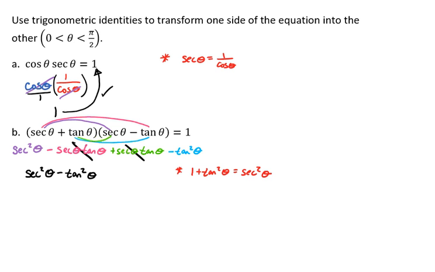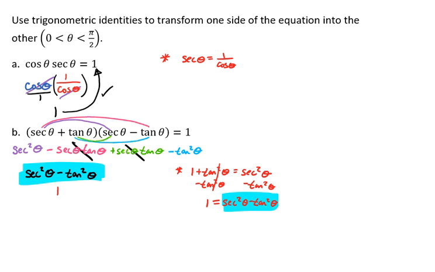Well, I can go ahead and subtract the tangent squared of theta from each side, and I'm going to see that that's going to give me the secant squared of theta minus the tangent squared of theta. Well, now that those pieces match, I'm able to go, okay, so I can replace that with whatever it equals, which is a 1. And so now I can see, well, they in fact do match. So I'm able to take the left side and transform it into the right side.